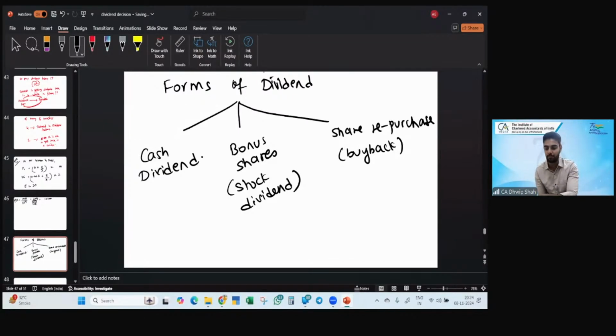So this is a one-time process. This cash dividend will be every year, till the time an investor is an equity shareholder of the company. But this share repurchase is a one-time process. Buyback is a one-time process. Pay the cash, take the shares back. So it is also considered as a part of dividend.